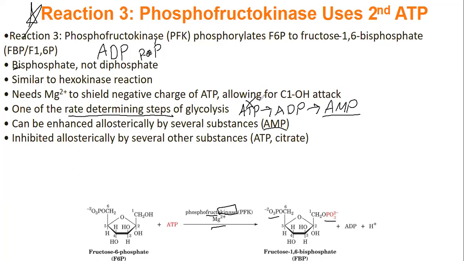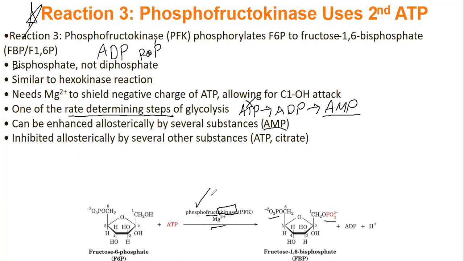High levels of AMP means you are low in energy. Therefore, to make more energy, turn on glycolysis. To turn on glycolysis, activate the enzyme that controls glycolysis. So that's why AMP can affect PFK.